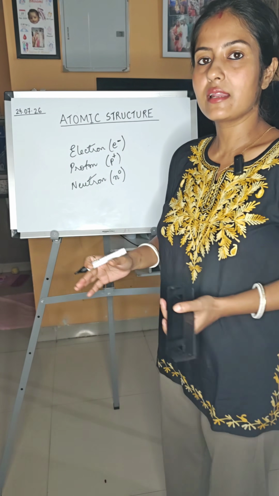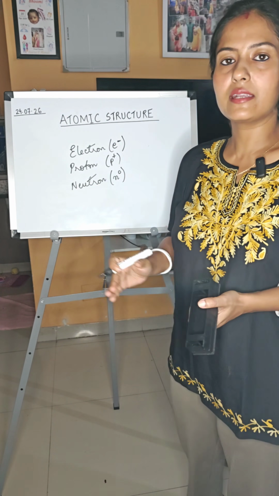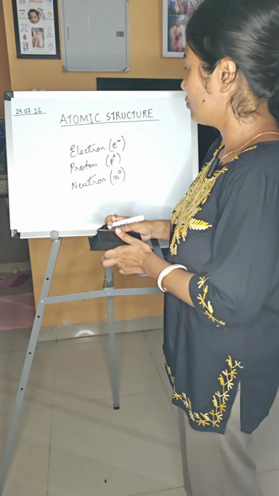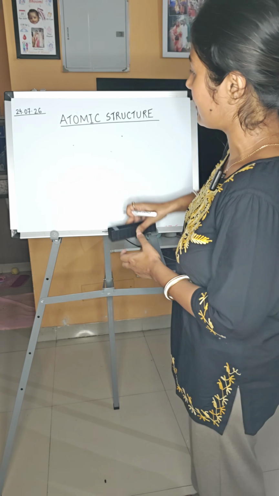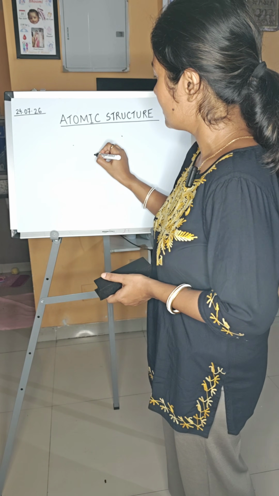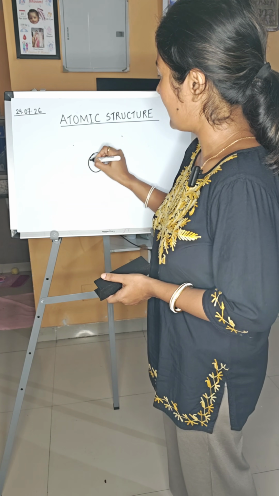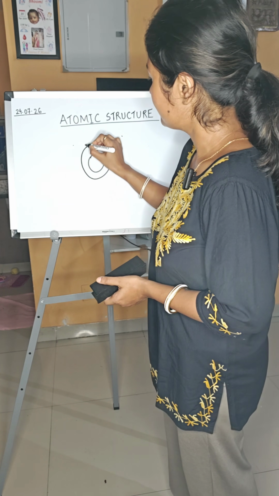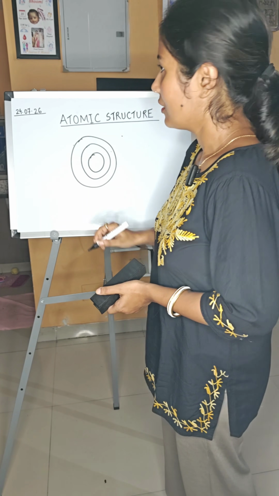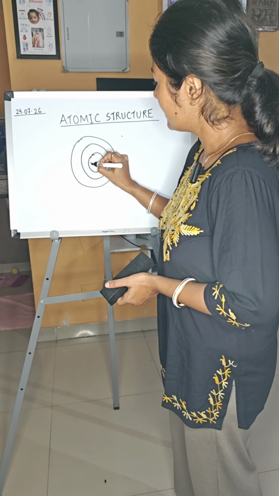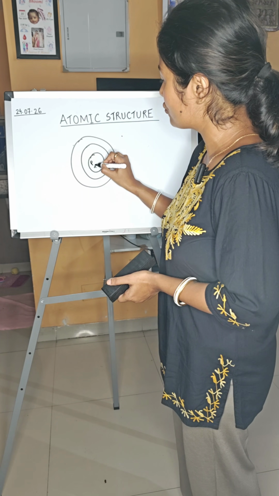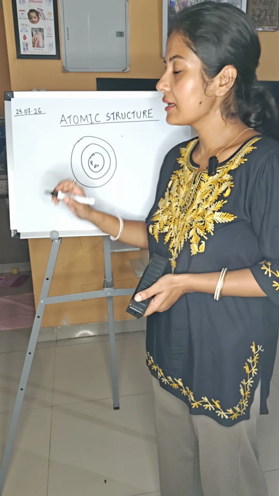So in an atom, we'll try to understand how these fundamental particles are arranged. So let us see the arrangement of these fundamental particles. For example, this is an atom. In the center of the atom, the protons and the neutrons will be present, right?